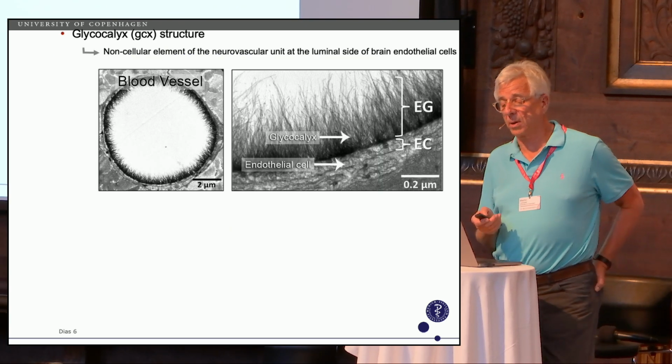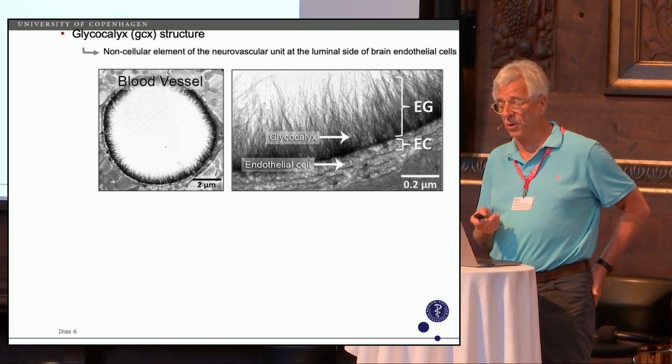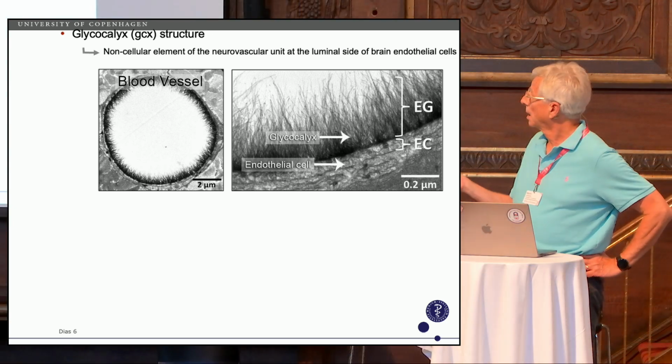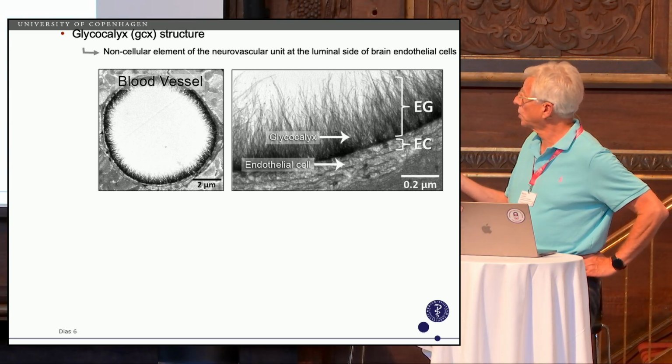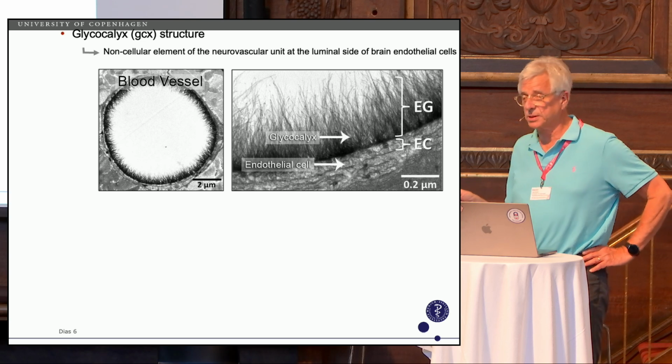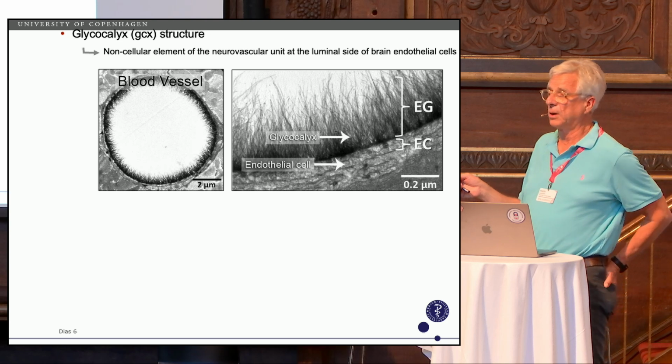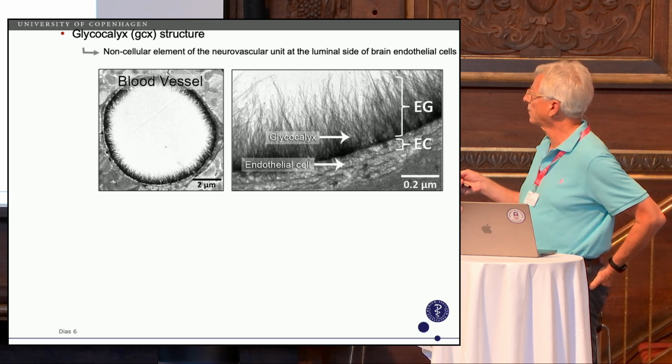A main obstacle for small molecules, but mainly for big molecules, is the glycocalyx, which is the glucose molecule layer at the inside of the blood vessel. It also exists on all nerve cells, and in fact on all cells in the body. On bacteria, on viruses, you have glycocalyx.